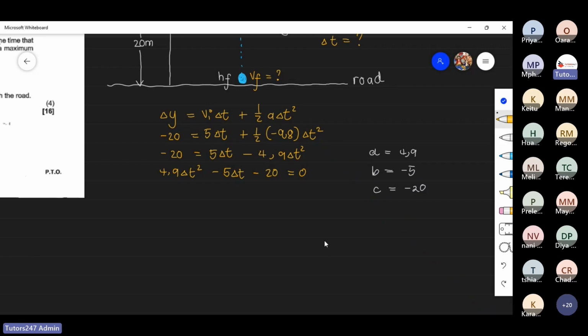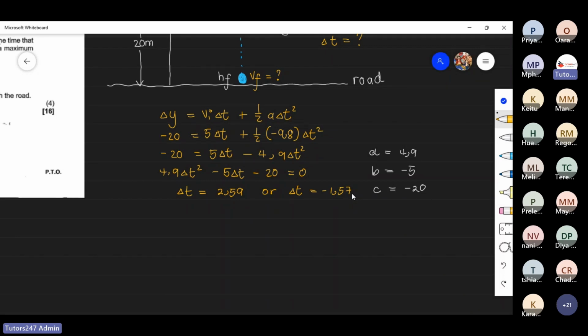So once you've put that into your quadratic formula, you will then end up with delta t equals 2,59, or delta t equals negative 1,57. So we now have two values for our time.